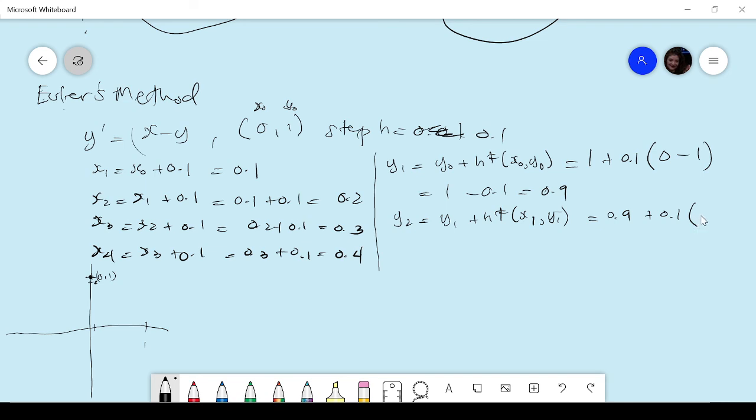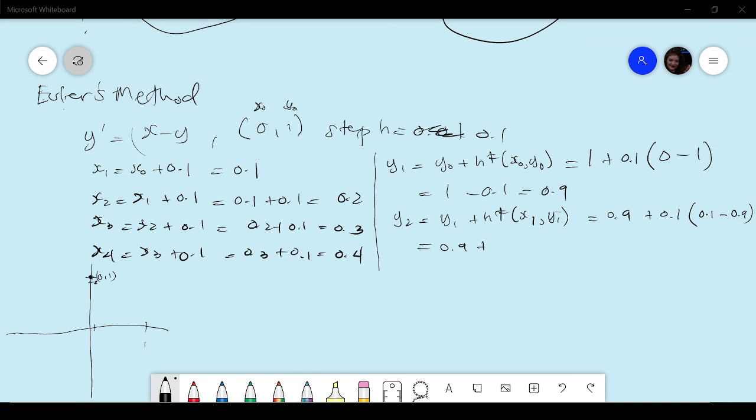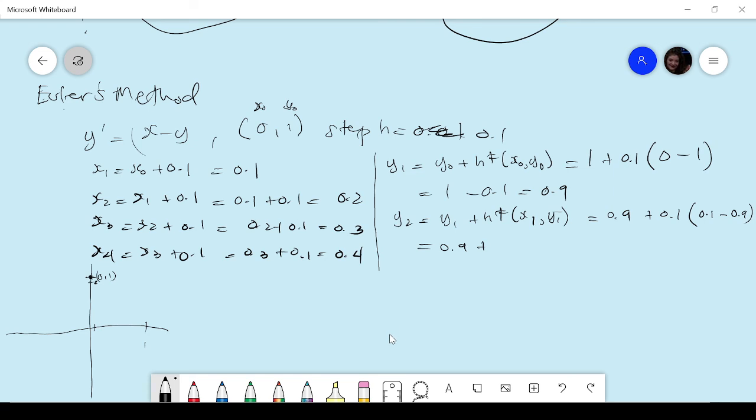So x1 is 0.1 minus 0.9, which is 0.9 plus 0.1 times 0.8, which is 0.08. So, this is 0.82.